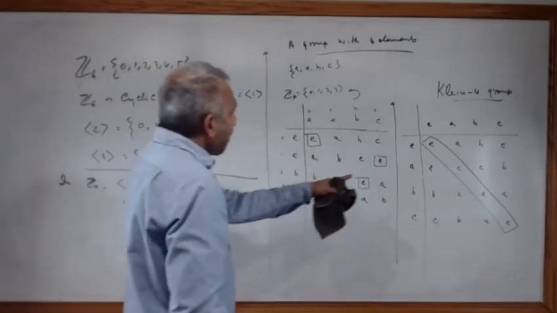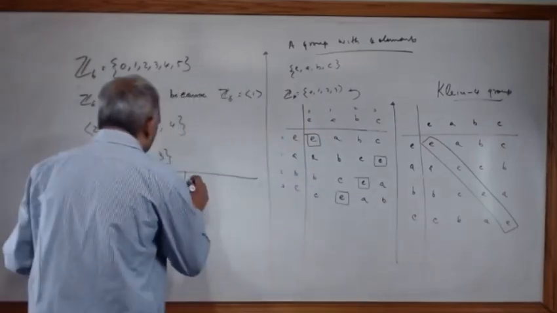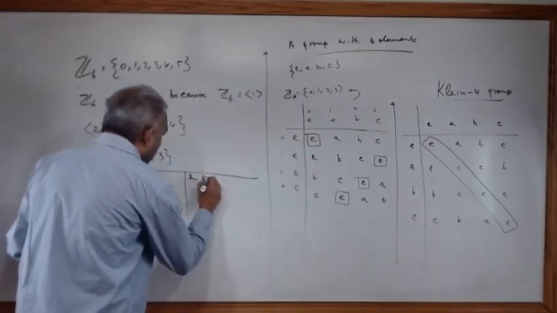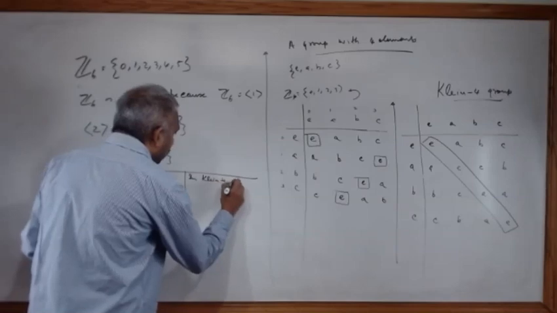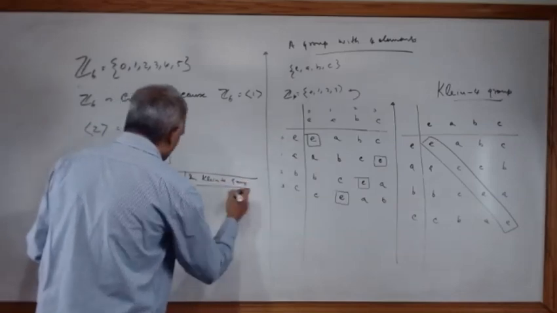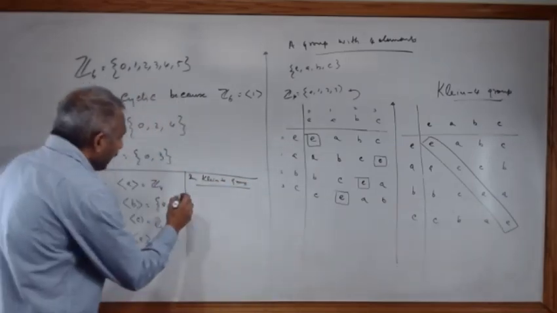Whereas here in Klein 4 group, let us compute each and everything.